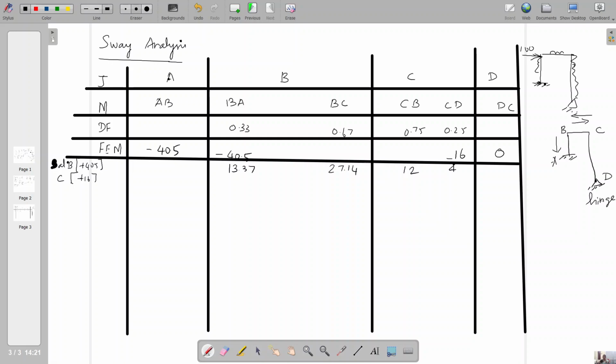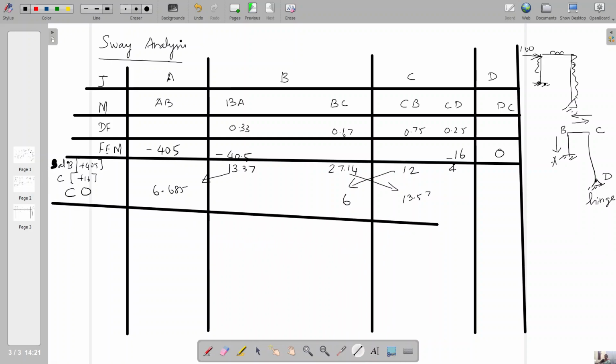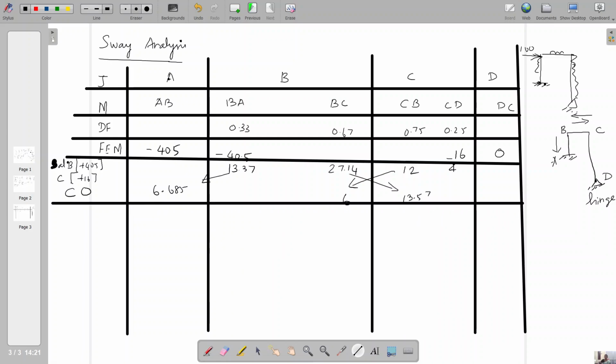I am repeatedly telling, for the hinged end we should not carry over the moment. So the next step is carry over. So it is 6. Here it is 13.57 and 6.685.